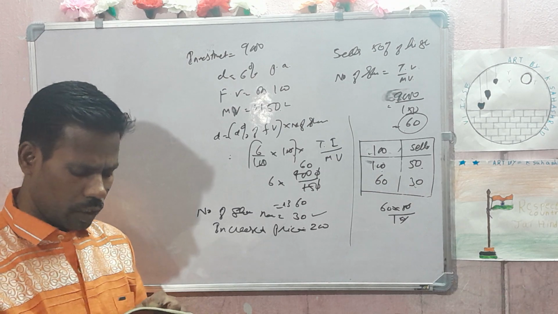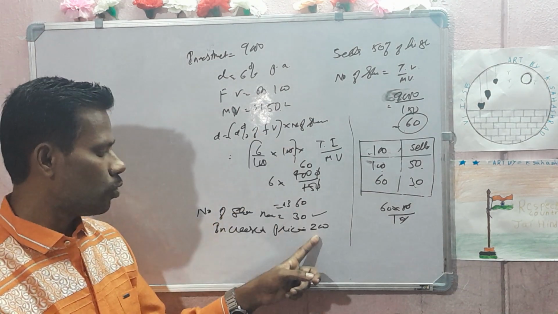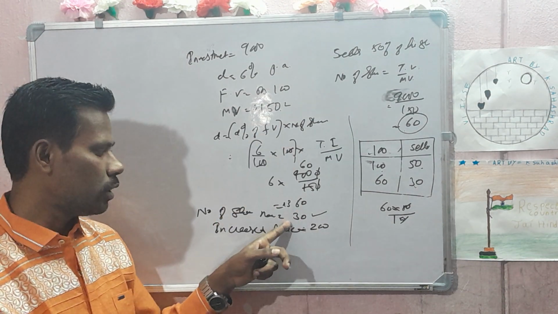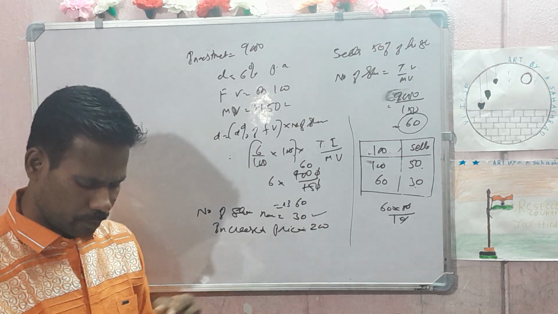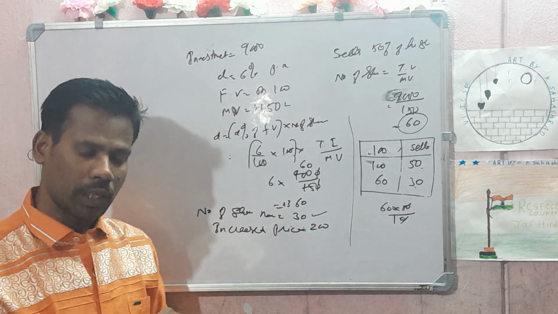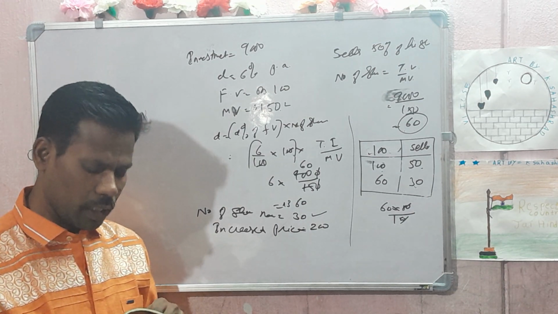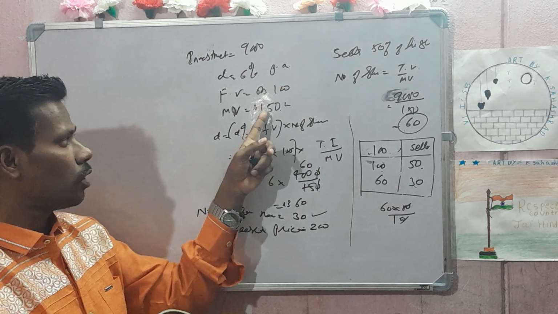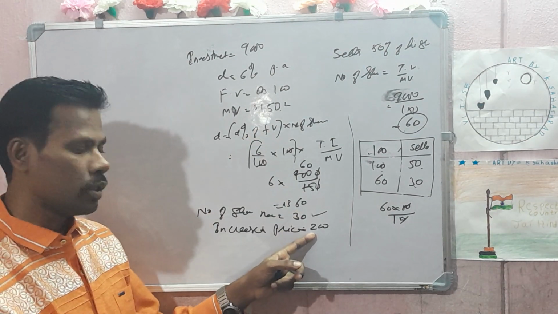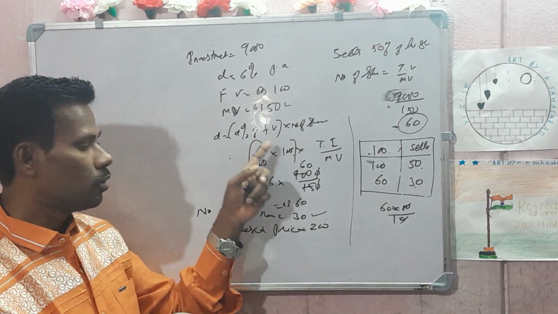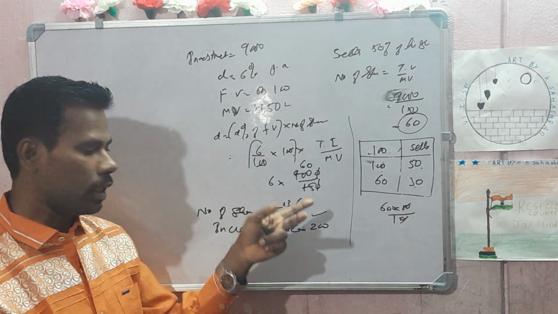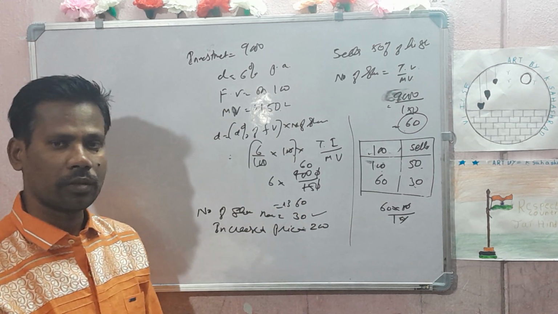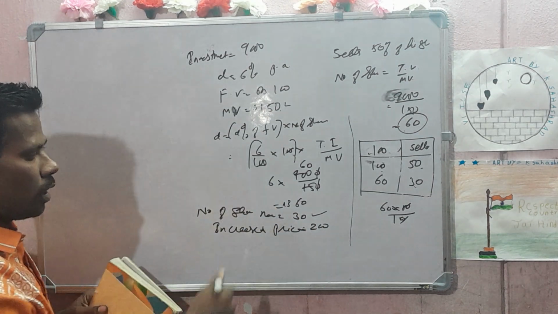What's the meaning of this? When the price increases from 150 to 200, he sells 30 shares. That is the meaning. Once again, he sells 50% of his shares when the price rises to 200. Actual price is 150. Now the increased price is 200. Therefore, he immediately sold 30 shares. Now, what is his income?